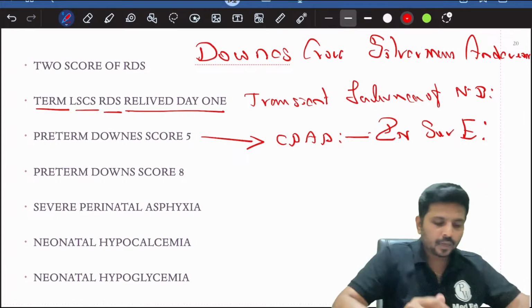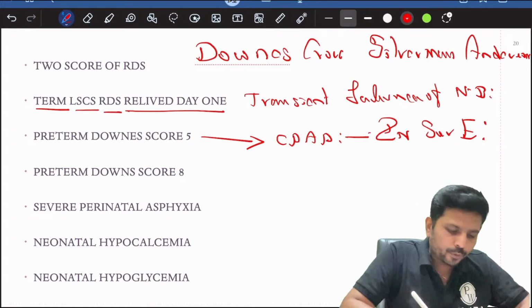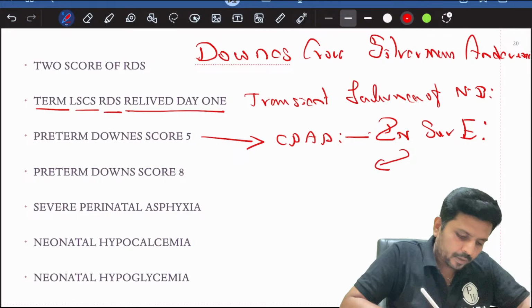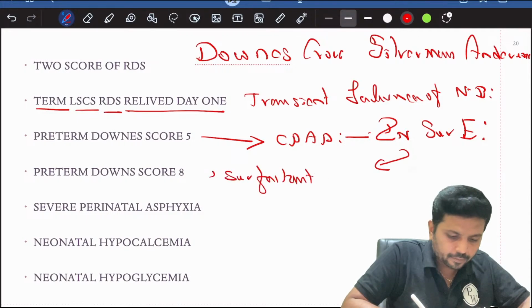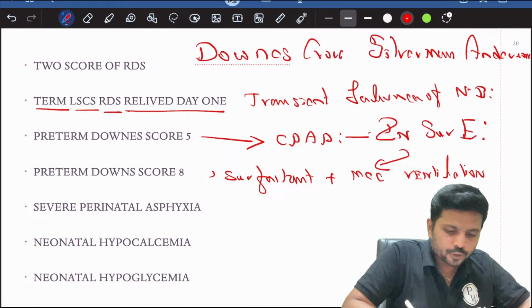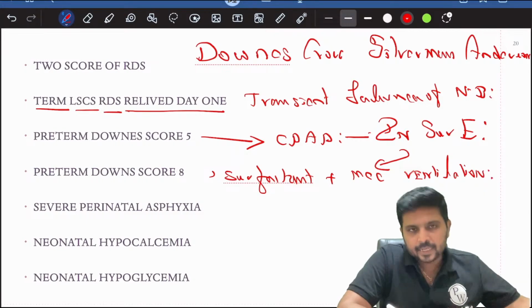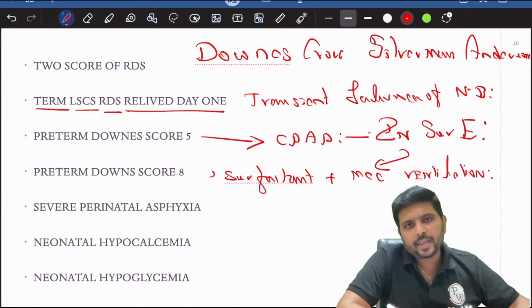And if it doesn't work, then you need to go for surfactant plus mechanical ventilation. This INSURE was asked in the recently concluded INI-CET.